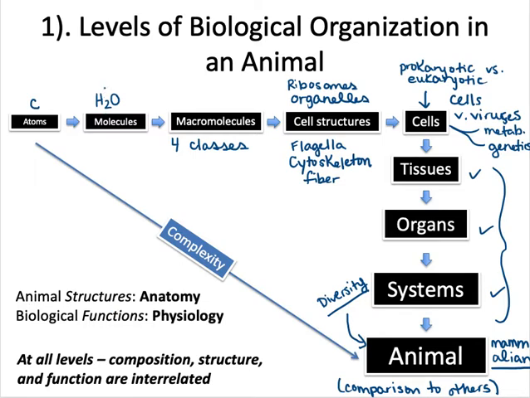The composition of water is the electronegative oxygen atom bonded to the non-electronegative hydrogen atoms. Because of the composition, the structure results in a partially positive end and a partially negative end, which we call a polar molecule. So the composition is related to the structure.